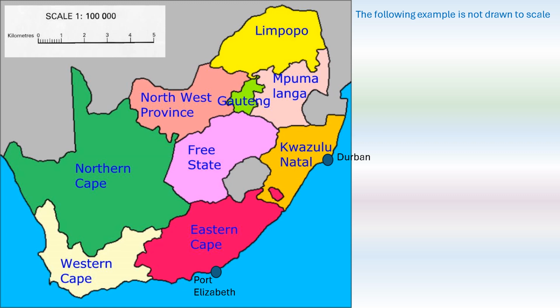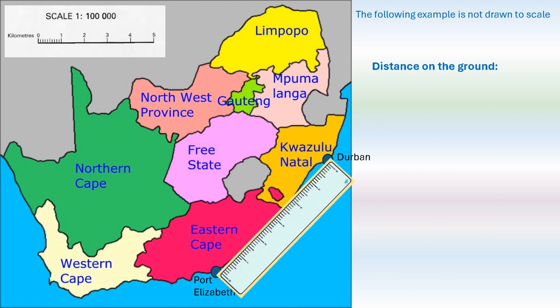So the first thing that we are going to do is to write down the distance on the ground. We take a ruler, we measure from 0 on the ruler to where Durban is situated, and it measures 6 centimeters. Next, we look on the map, we look for the scale, and we write down what the scale is.